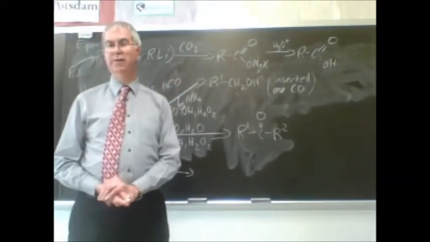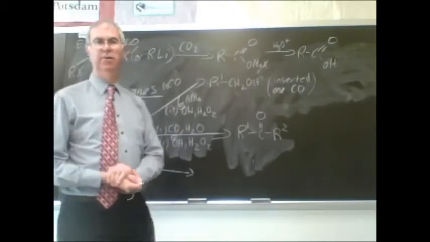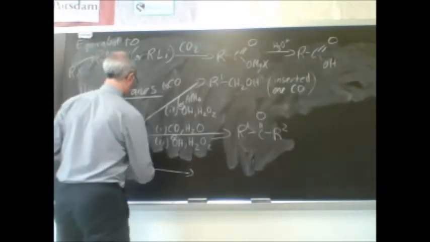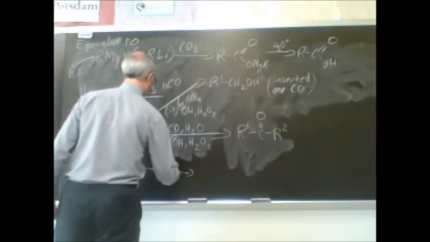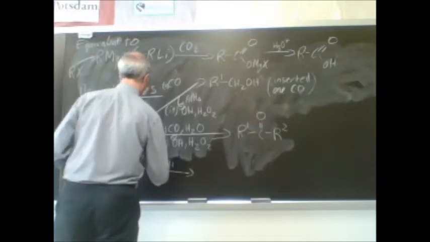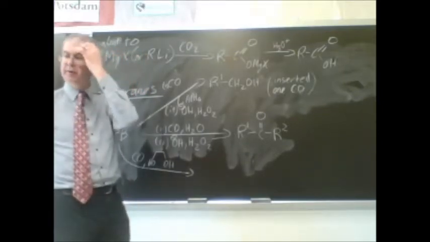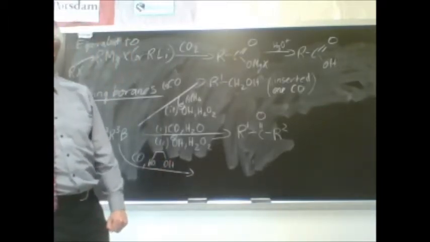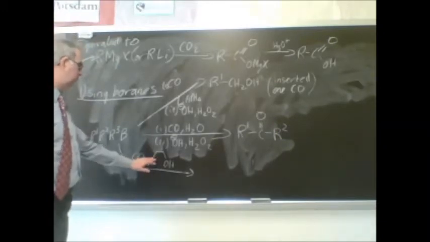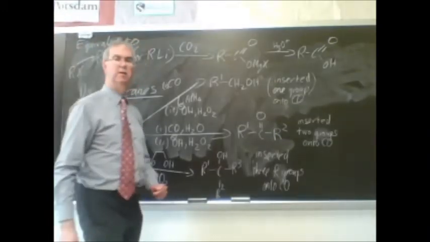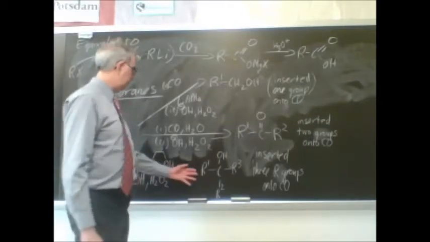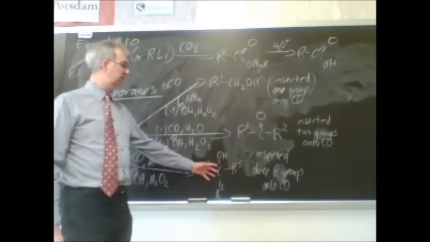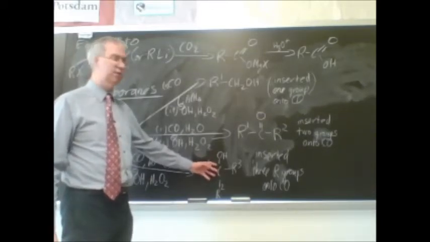Now what if you want to do all three of these, transfer all three R groups, then if you heat it in the presence of, I believe, ethylene glycol, you get, okay, so in this case with the ethylene glycol we transfer all three R groups onto the carbon monoxide and that gives us a tertiary alcohol.